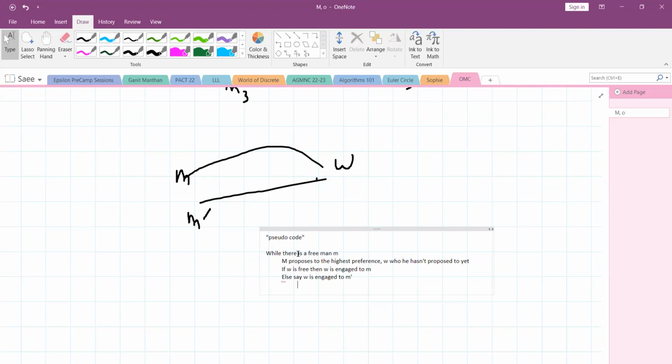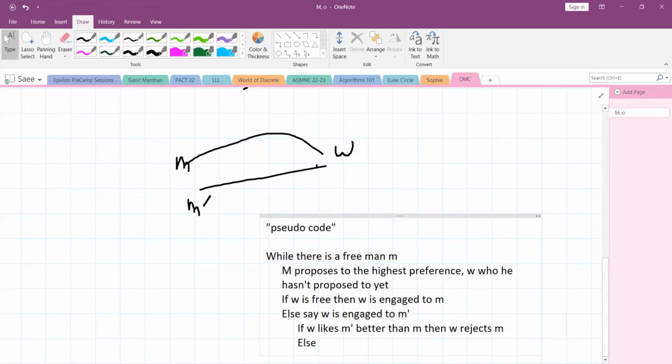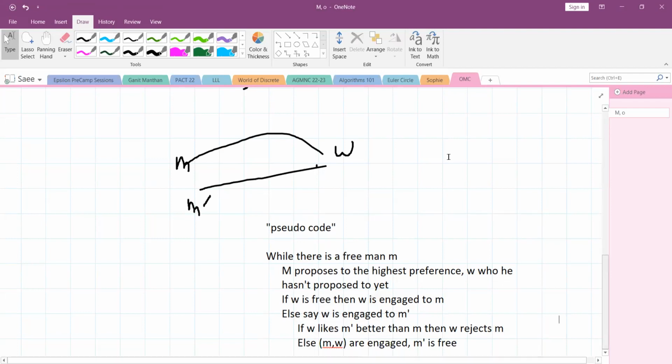Then we decide if W likes M prime better than M, then W rejects M, so M is still free. Otherwise, it means that W likes M better than M prime, so M and W are engaged and M prime is now free. So this is what the algorithm is doing.